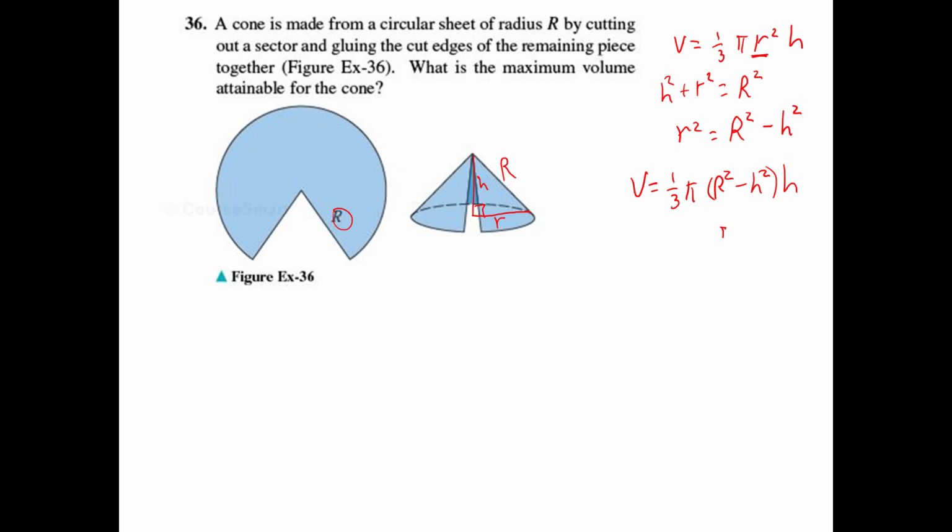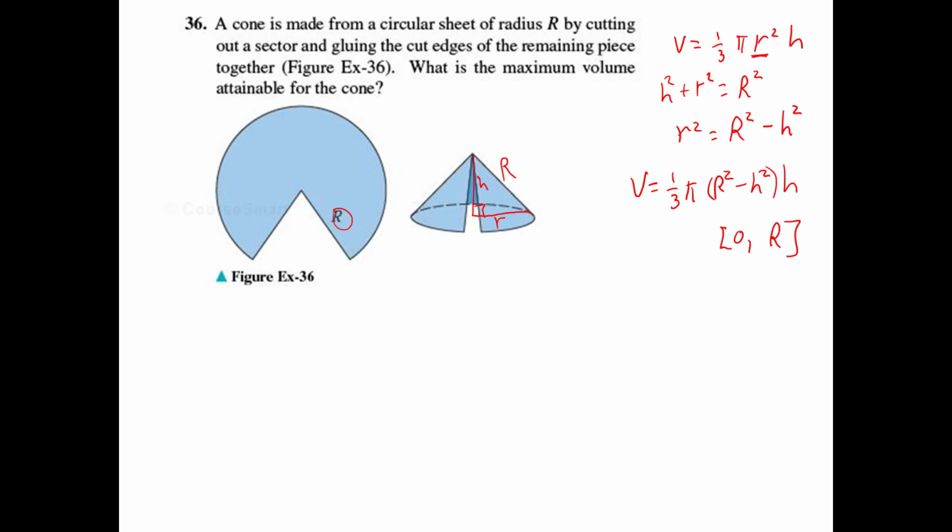Well, we can definitely use a height of 0. That will give us a volume of 0. Or we could use a height of R, and that will also give us a volume of 0. If we stand the cone up so that it goes up as high as the original radius. And again, the usefulness of this is both the endpoints give me an output of 0, so we know that we can't be looking at those. So it has to be some number in between 0 and R, right?